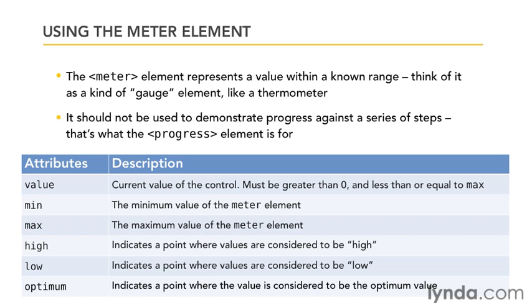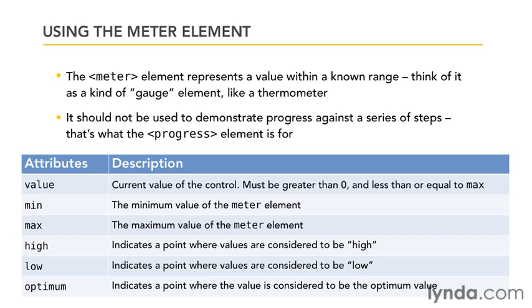So think of a gauge that shows, for example, revolutions per minute, like a tachometer in a car. You have a red area, which would indicate values that are considered to be high for the car. And then you have a low area where values would be considered low. And then you have an optimum value, which indicates an optimum value for whatever it is you're measuring.